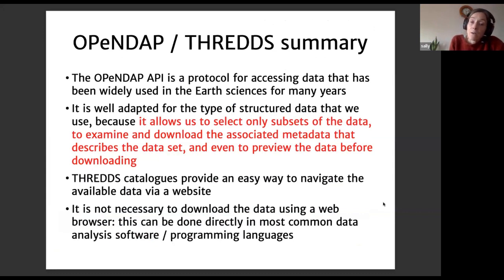The threads catalog is this interface that's going to help us to navigate the data via a website. You can use a web browser to do that, but once you become comfortable with how the requests work, you can also do that by using your favorite data software, to make that an automated process if you're dealing with a lot of data.